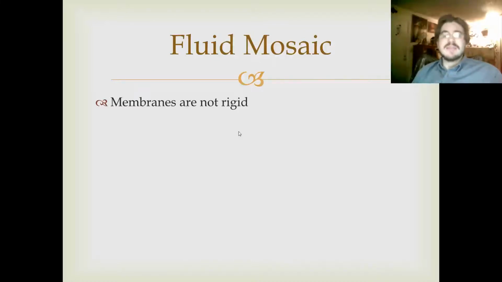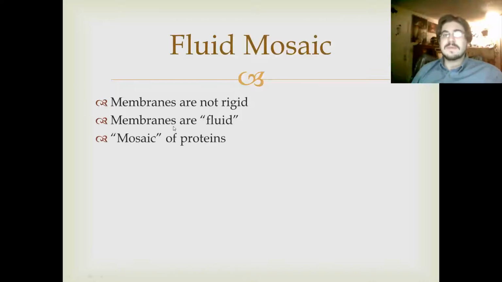Membranes are not, in fact, rigid. They are very fluid. They're sort of in constant flowing motion. And that gives them sort of a fluid behavior. Membranes are fluid. And then embedded in them is a mosaic of proteins, carbohydrates, and cholesterols.